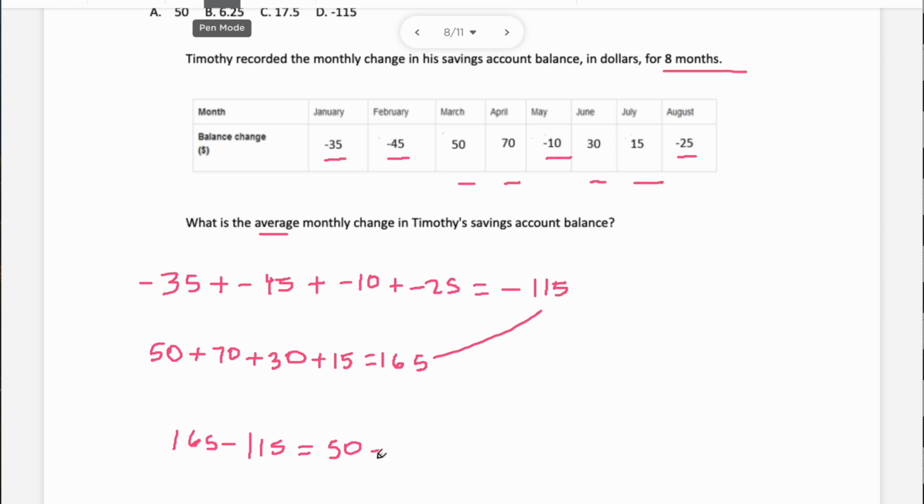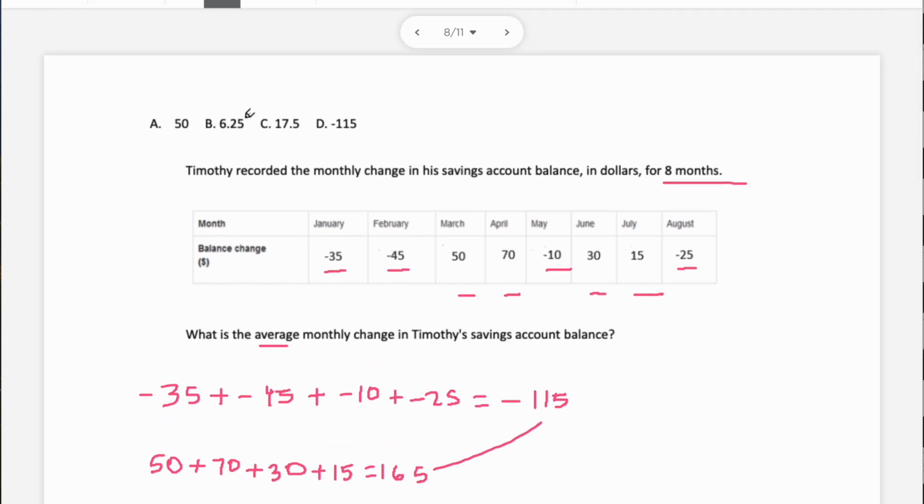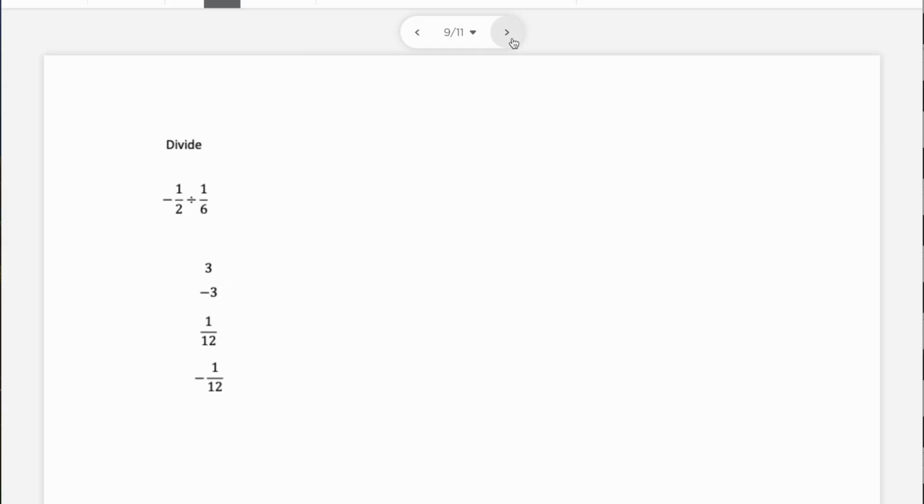So 50 divided by 8 is how you're going to get your answer. And that is going to give you 6.25. And if you look up at the top, that would be B, 6.25. All right, let's go ahead and go to the next one.